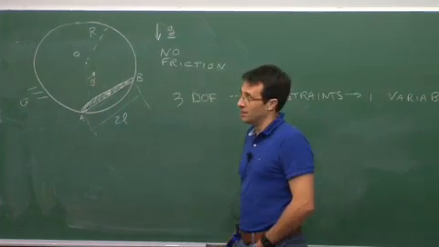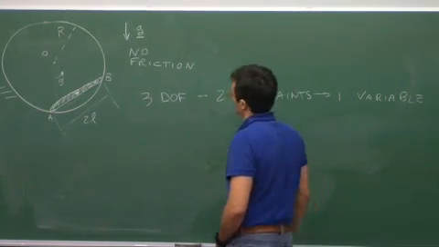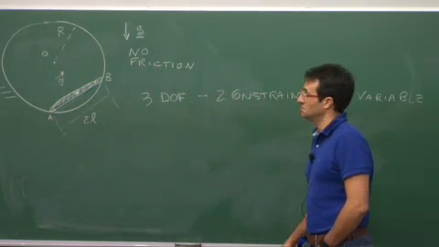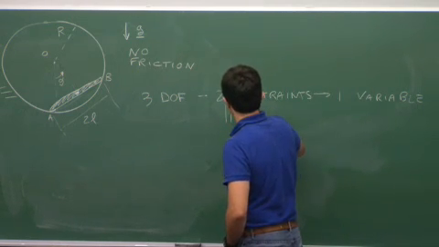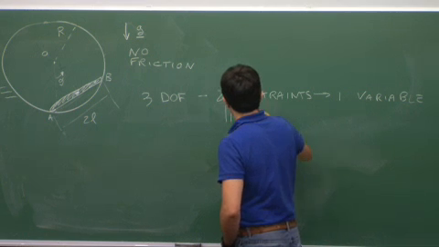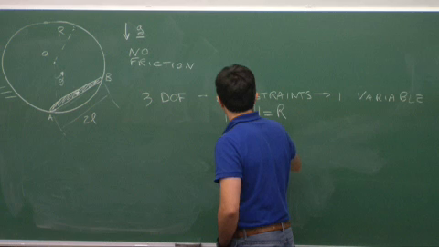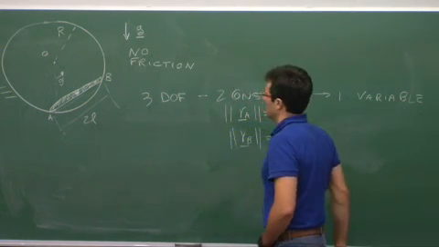Even if I remove the track, yeah. B cannot go through the circle, so it's attached. But it can go inside. Can it go inside? No. And it has the same property. So I want to say that these 2 constraints are pretty much saying that the r_A vector is constant, and the r_B vector is constant. That's it.